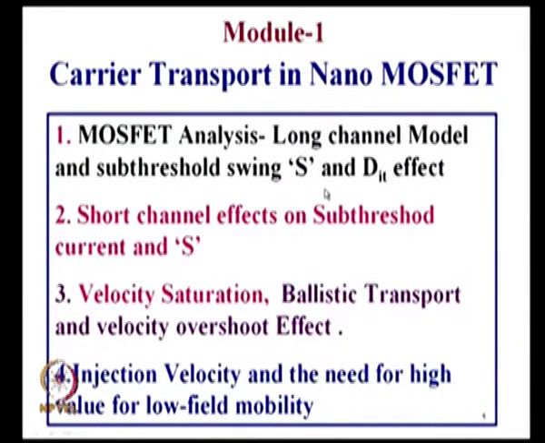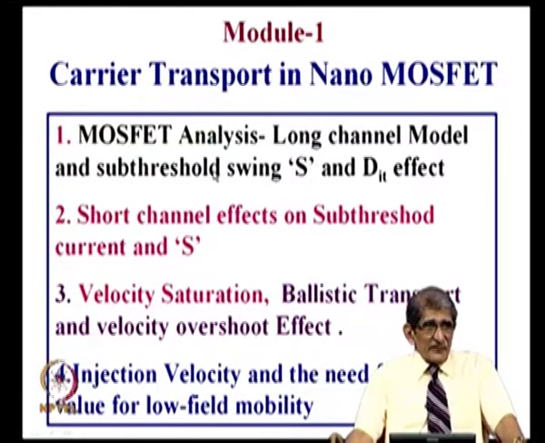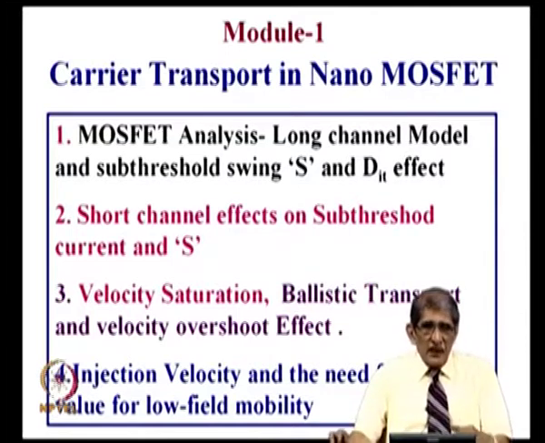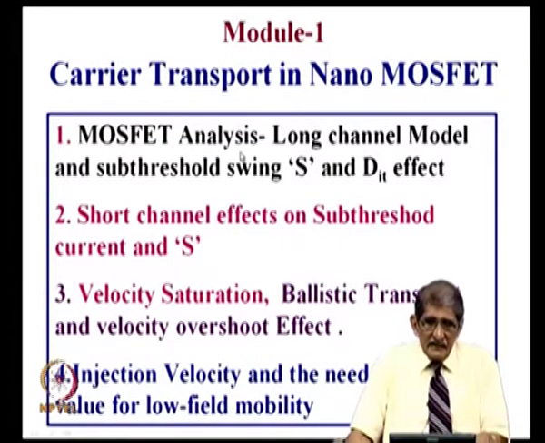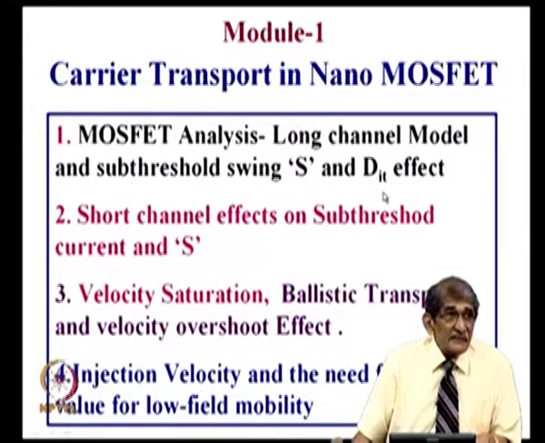we take module 1. In module 1, we begin with some sort of a review, so that you are focused on this topic. We will take the conventional MOSFET and conventional analysis, long channel model and subthreshold swing, and the effect of interface state density on the subthreshold swing.